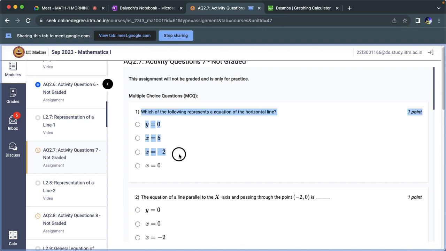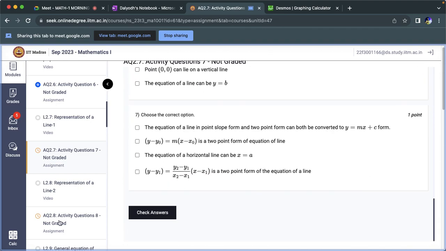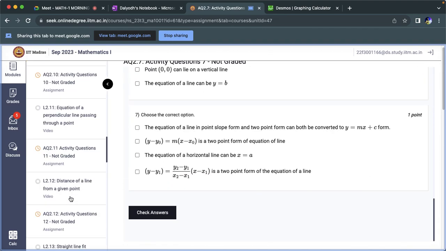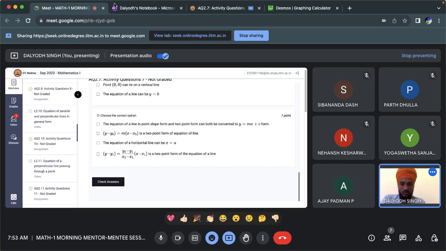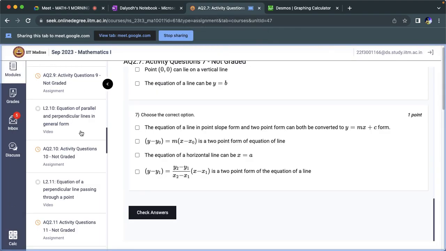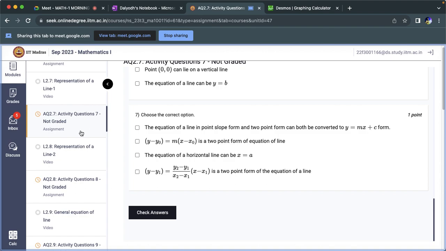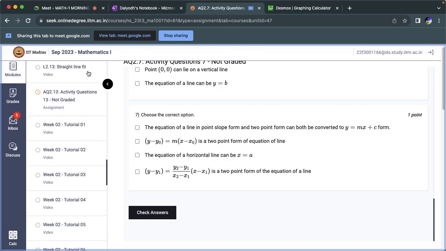Now, if there is any question, can we go through every question? Are you able to solve it, or should we go to graded assignments? Have you solved every activity question? It would be better if you have solved the activity questions and the mock.